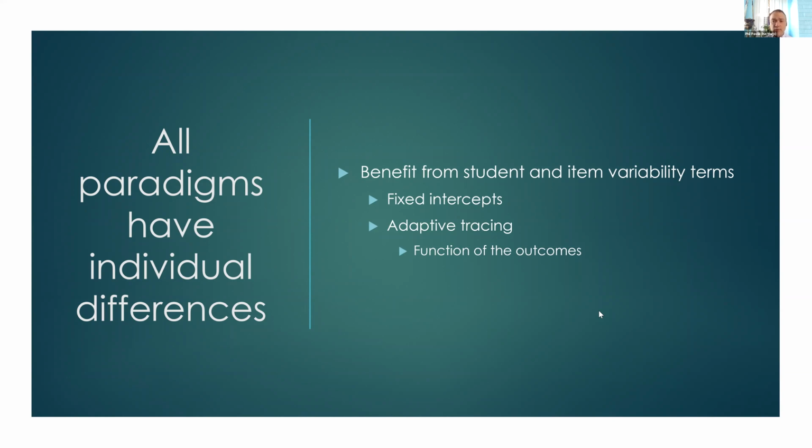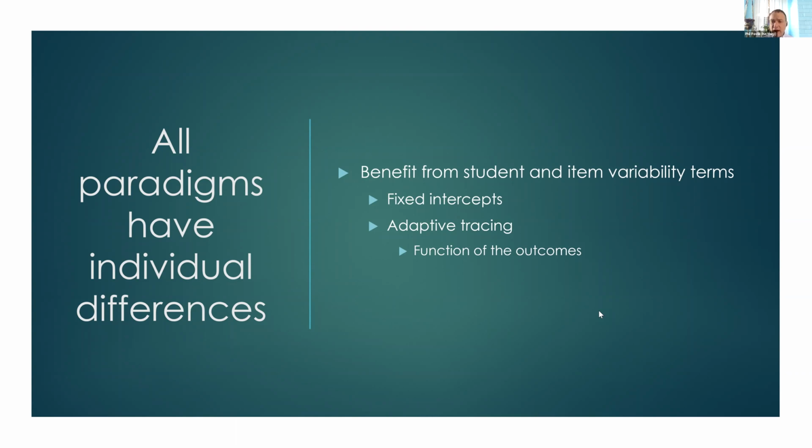Or I do it adaptively, where it's analyzing a function of the prior outcomes in order to estimate the intercept on some level. These can be used together, but often if you use fixed intercepts and you have good data, then there's nothing less to adapt to because the fixed intercept captures all of the variability or most of the variability.